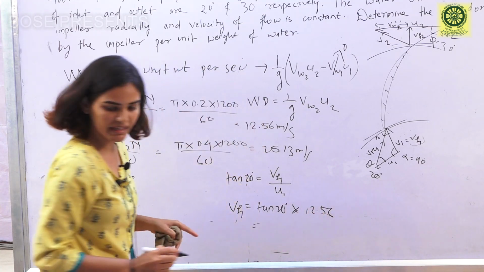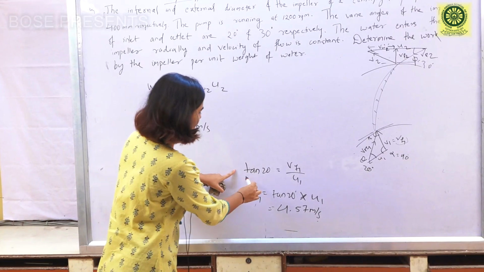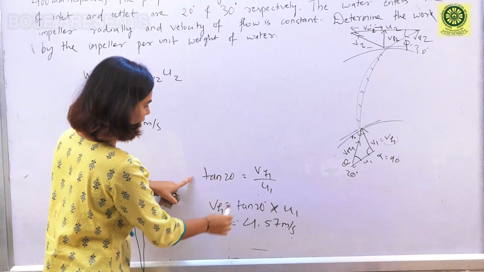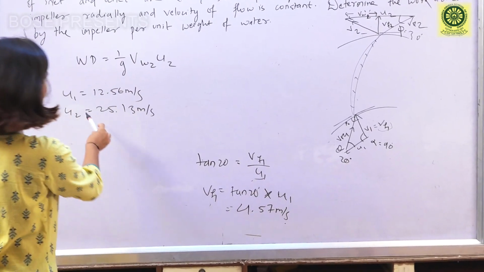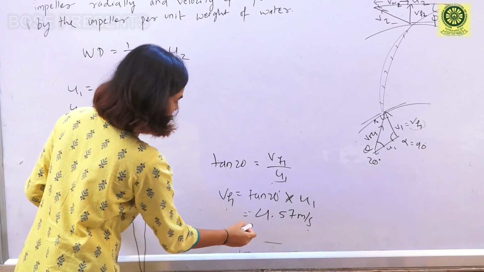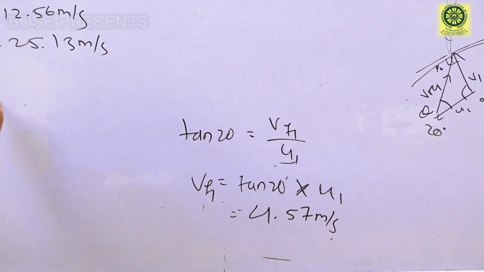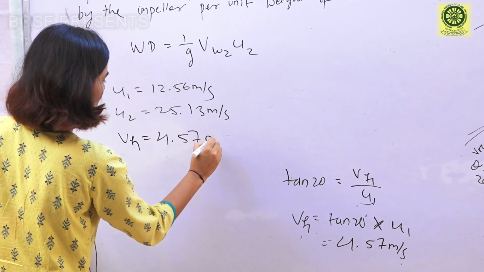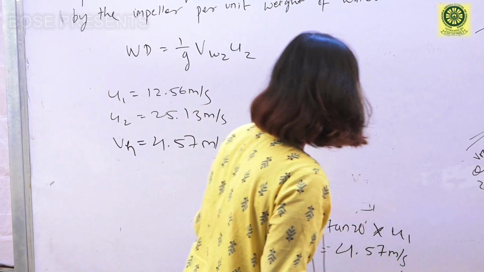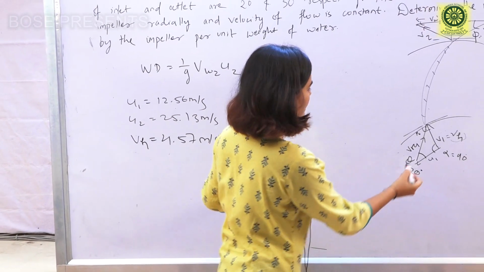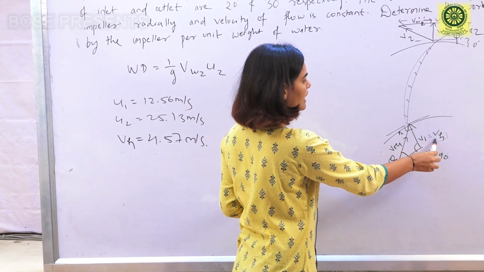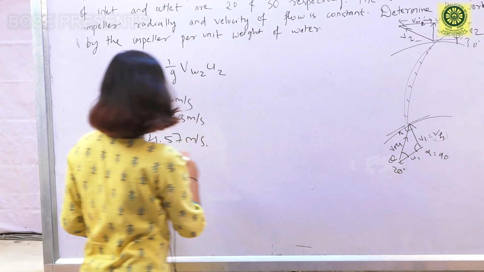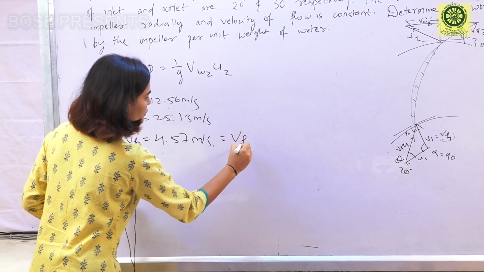So tan 20 equal to Vf1 by U1, and from here we get Vf1. Vf1 is coming as 4.57 meter per second. Now, as the question says, flow velocity is the same, Vf1 will be equal to Vf2.